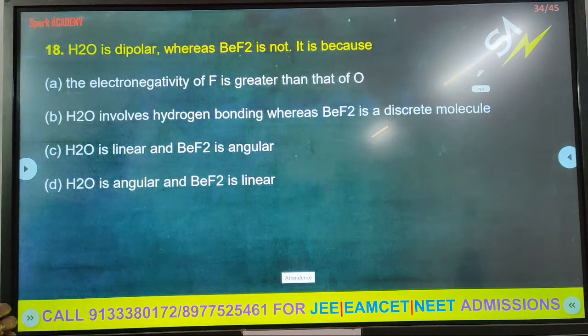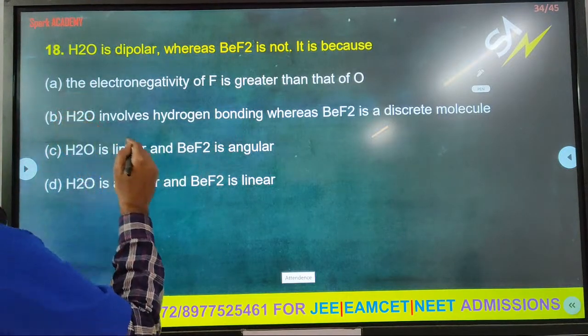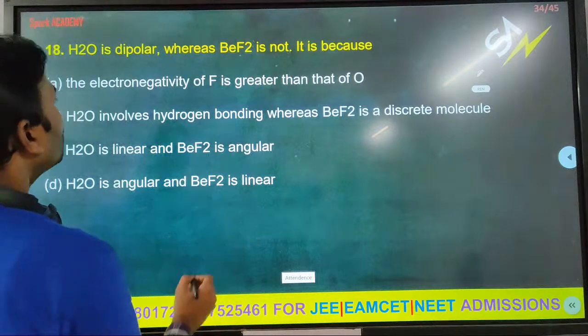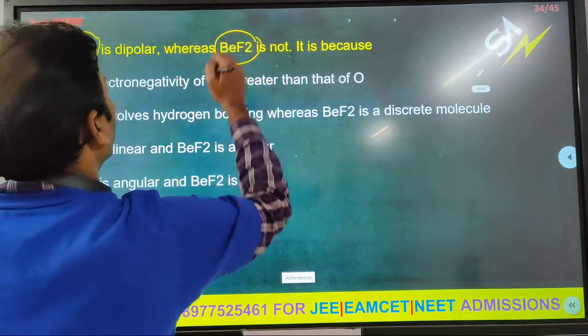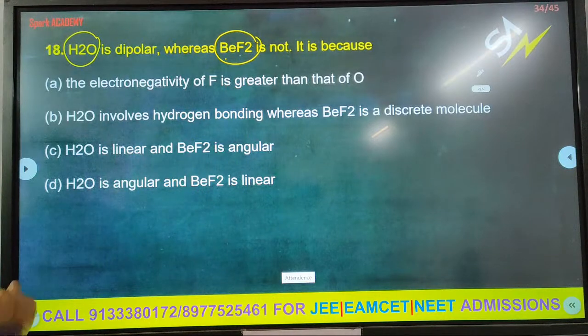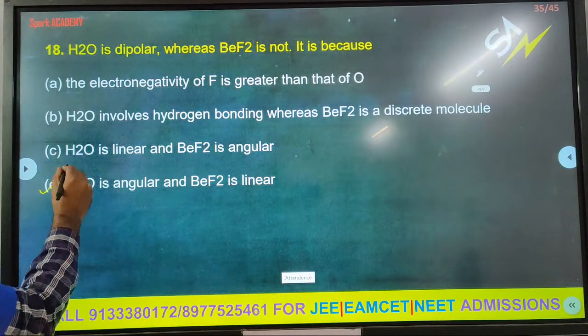Now question number 18. H2O is dipolar, whereas BF3 is not. It is because, very simple, H2O and BF3 both have different electronegativities, but H2O is not symmetrical, while BF3 is a symmetrical molecule. So question number 18, the answer is D. Why?